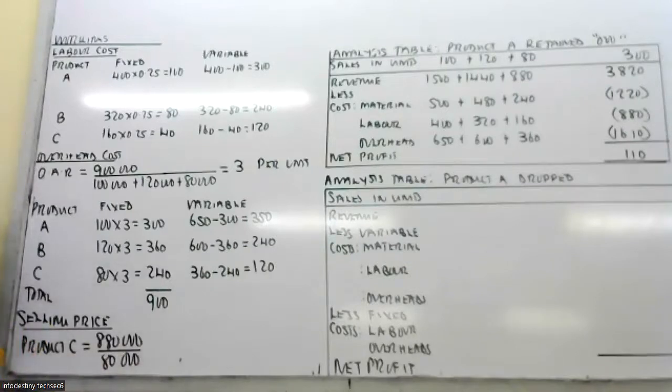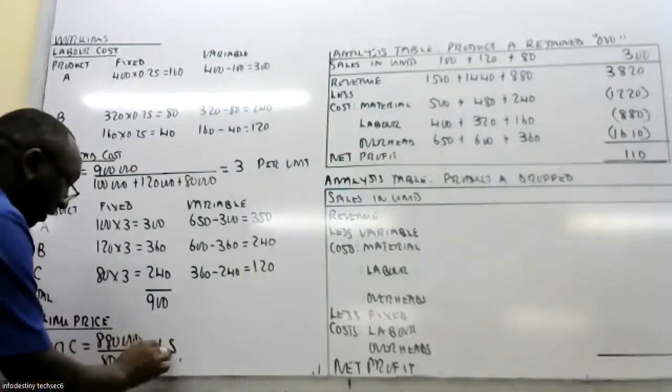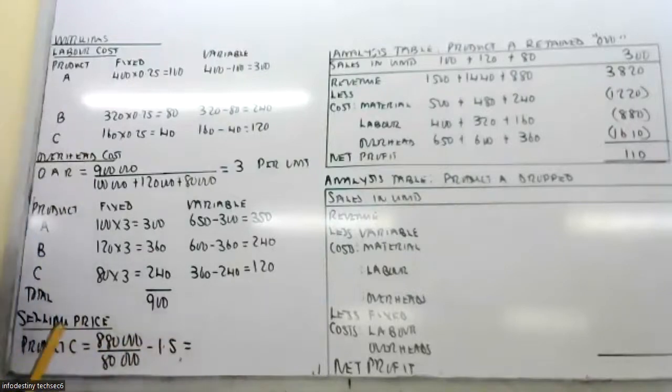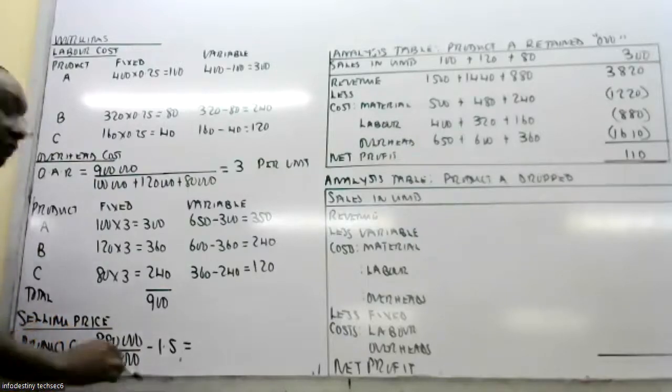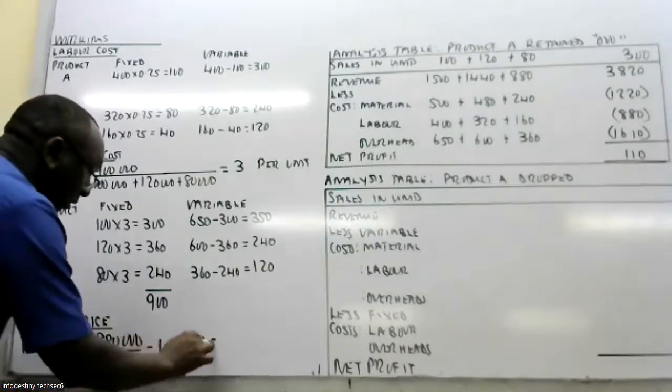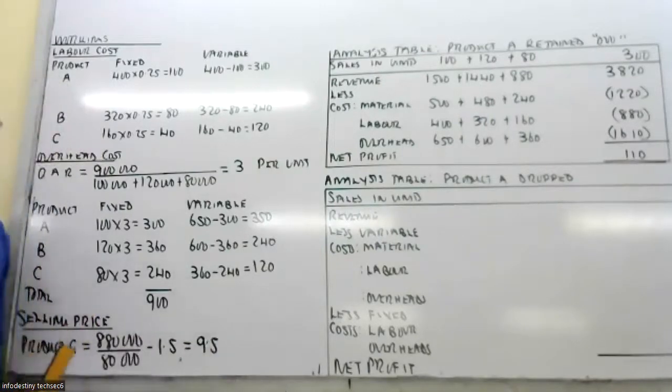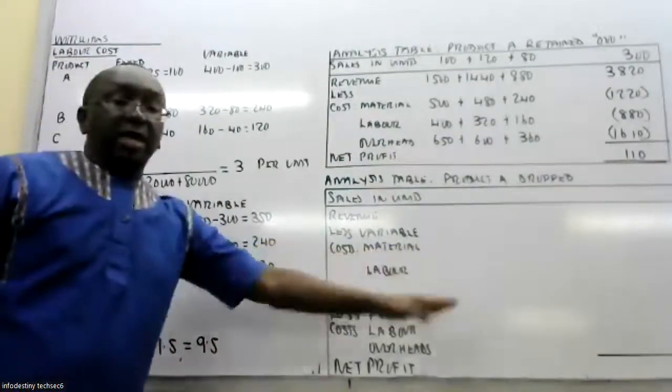So if you divide that, you'll be able to know how much. Then you minus, I think we are told we have to reduce the price by what? 1.5. So you minus 1.5. You have 9.5. So those workings, at least they will minimize the workings we require here on the table.